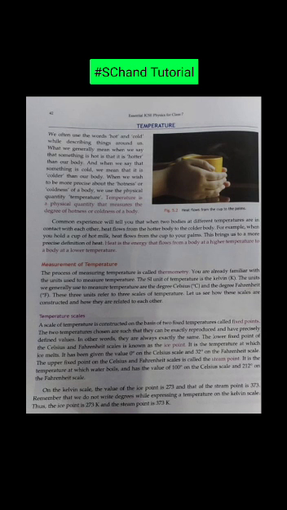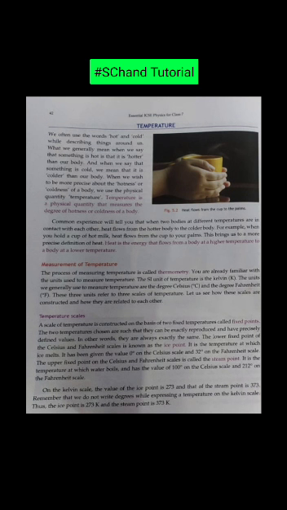So more precisely, we use a physical quantity to define this, that is the temperature, which tells how hot or how cold a particular body is. So temperature is one of the physical quantities that measures the hotness and coldness of a body. When two bodies at different temperatures are in contact with each other, the hot body always loses heat and the cold body always gains heat. That means heat transfers from the hot body to the cold body.